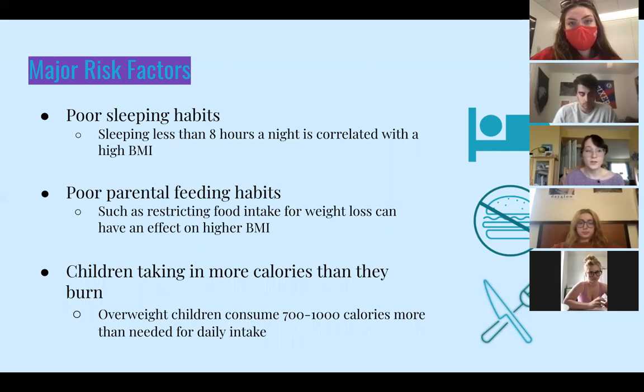And a third example is children taking in more calories than they need to burn. So overeating contributes greatly to affecting BMI. Overweight children consume 700 to 1,000 more calories than they need per day.